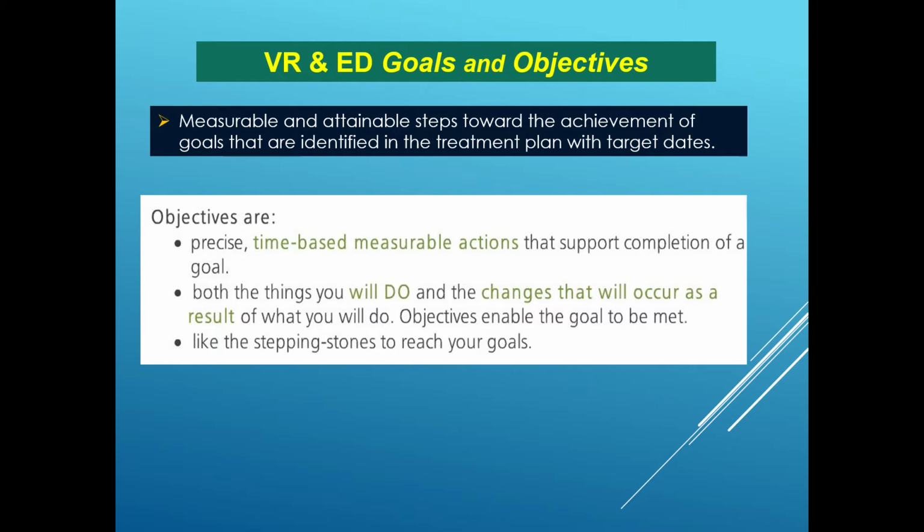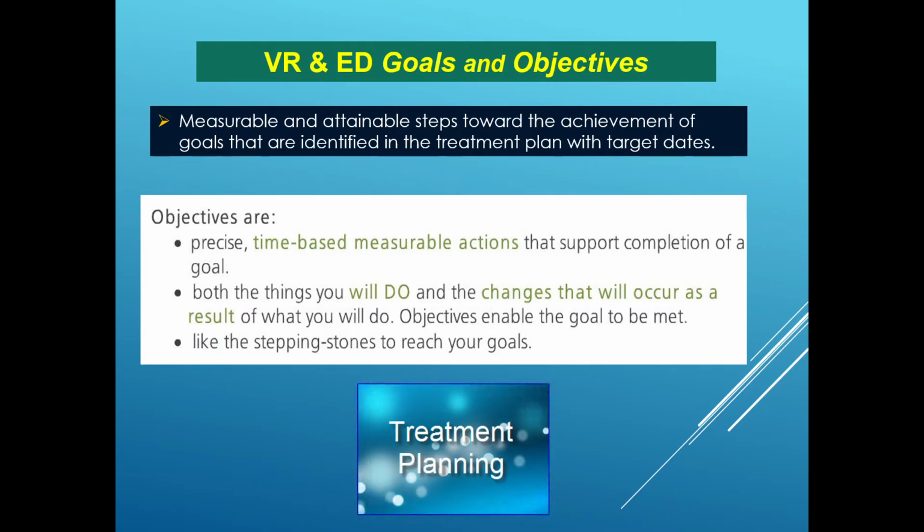Both the things we do with the patient, or the patient does, specific things that the patient will do, and the changes that will occur as a result of what they do. Objectives enable the goal to be met, like stepping stones to reach your goals. That's what we do in treatment planning.